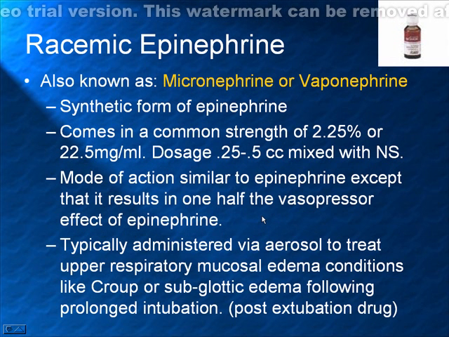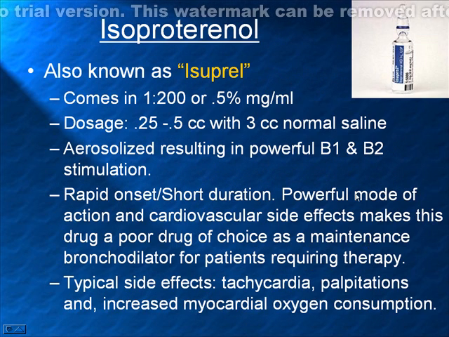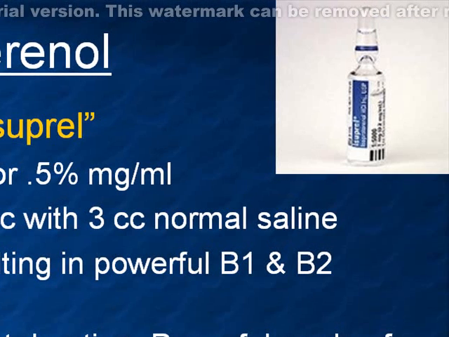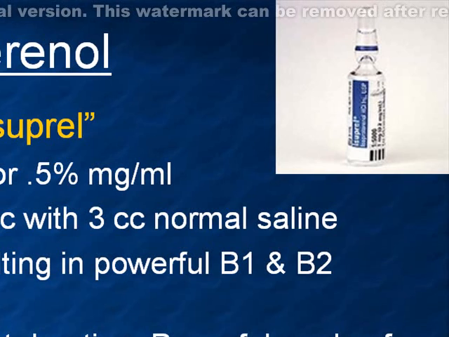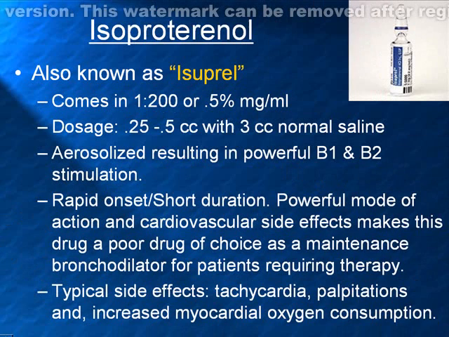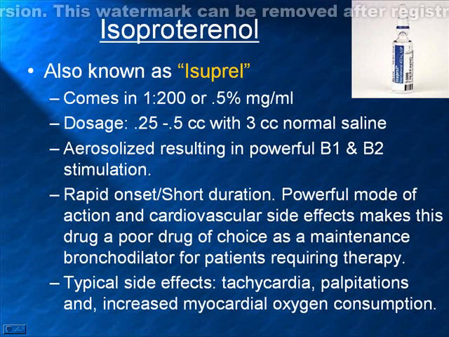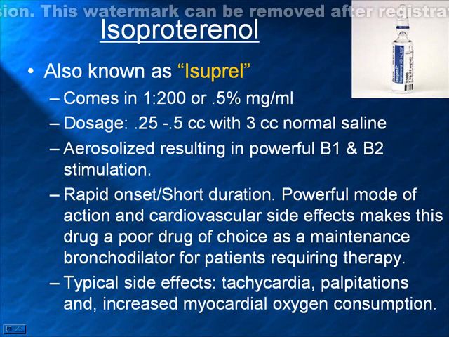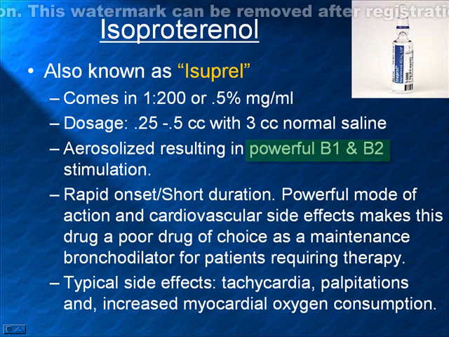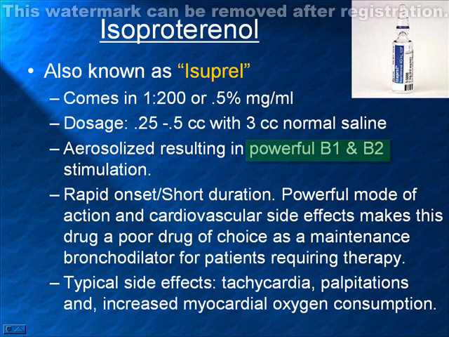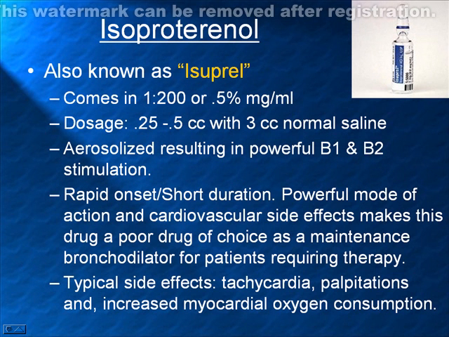The next beta agonist drug that we review is Isoproterenol, and it comes in a 1 to 200 or 0.5% solution. Its dosage is between 0.25 and 0.5 cc's with 3 cc's normal saline. And it is a powerful beta 1 and beta 2 stimulant. It has rapid onset and it has short duration.